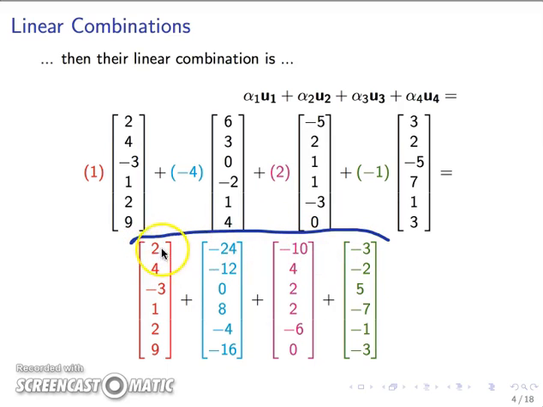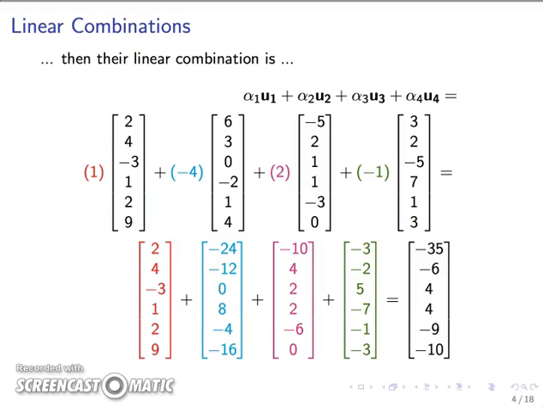Location 1, for example, involves adding 2 plus minus 24, that would be minus 22, plus minus 10, that would be minus 32, and plus -3, that would give us minus 35, and so on. Every location resolves by adding those numbers in that particular location. That's how we arrive at this vector, which is the vector this linear combination is equal to.